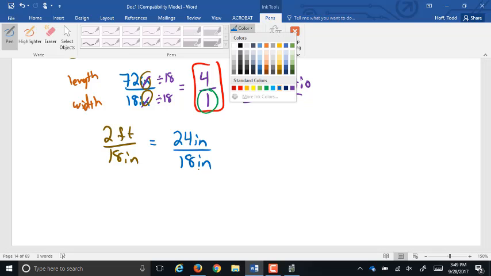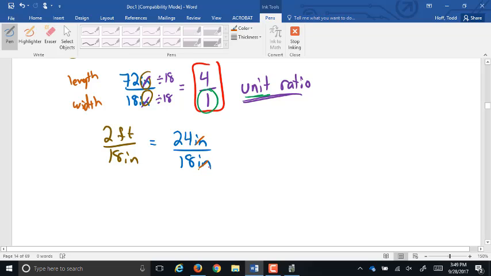The units are the same, so the inches can cancel out. And of course I can reduce that. 24 and 18 can both divide by 6. 24 divided by 6 is 4. 18 divided by 6 is 3. It's a 4 to 3 ratio.